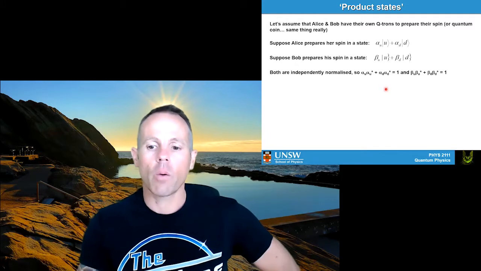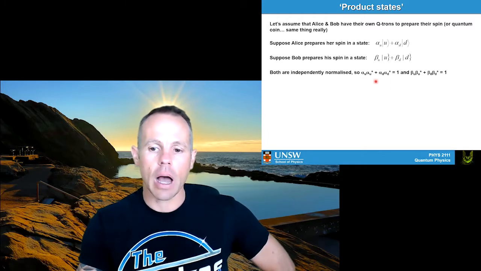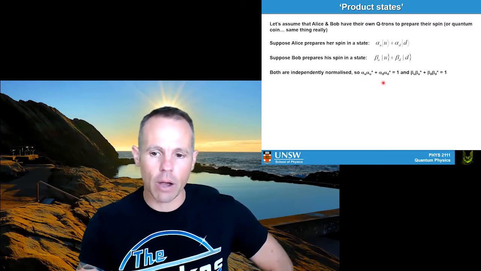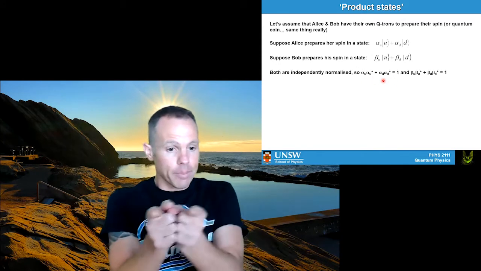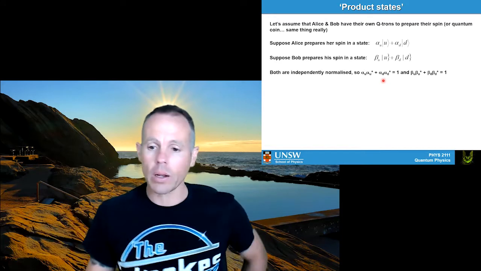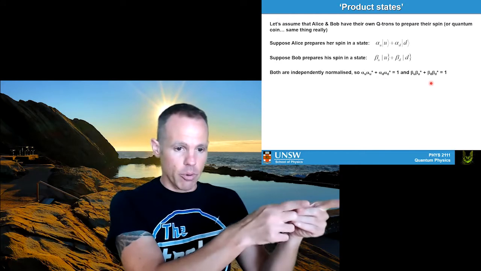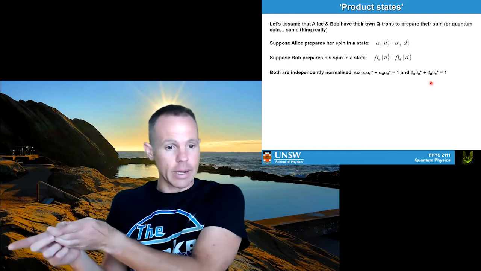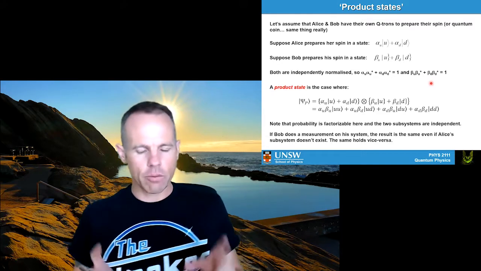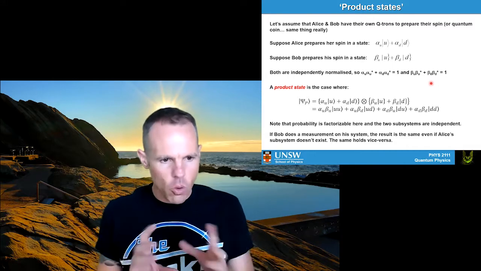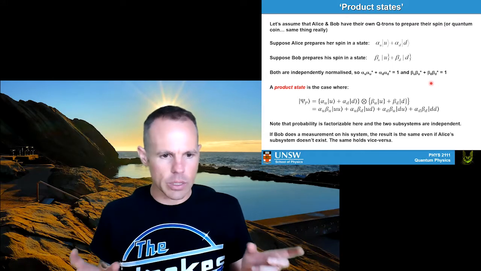So what we know here is that the prefactors alpha u and alpha d will obey a relation that looks like this. Basically, we're just saying that the probability of up plus the probability of down must be equal to 1. And Bob's will do the same thing. What we can do is write a very general state, ignoring any connections between the 2, that is called a product state.